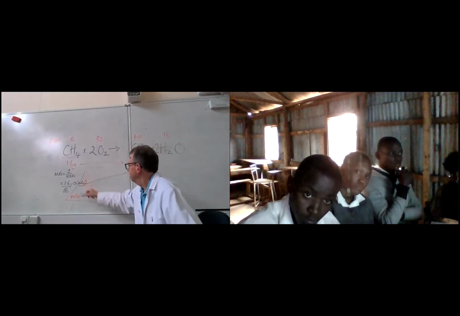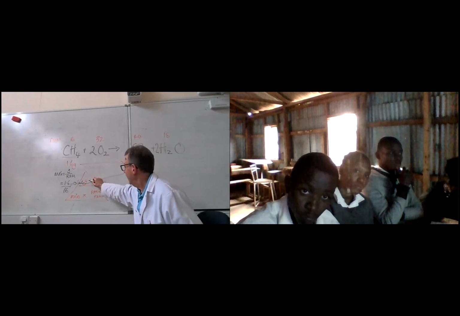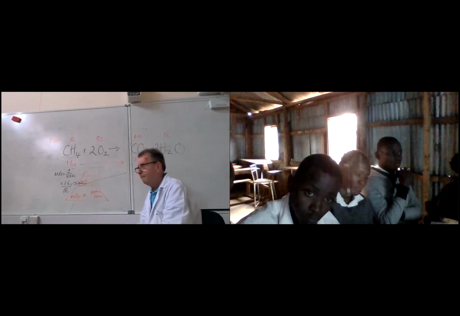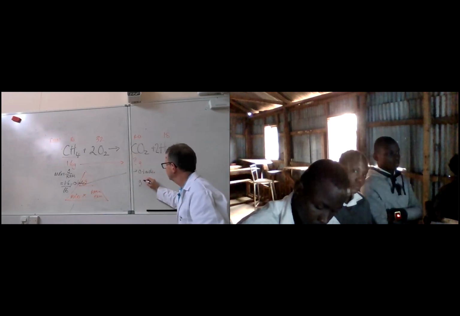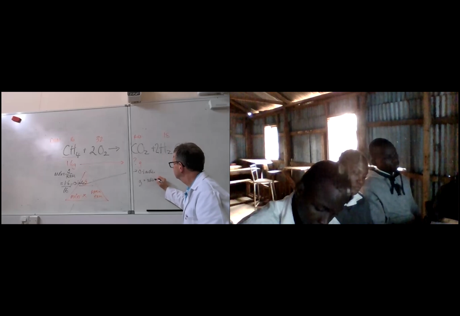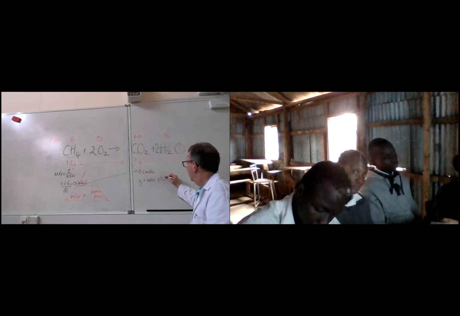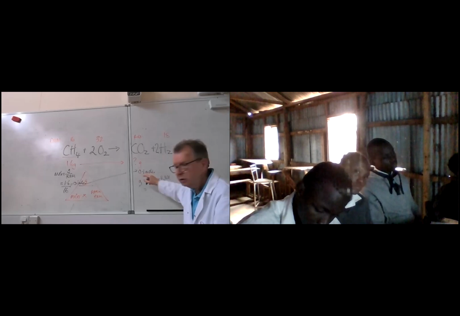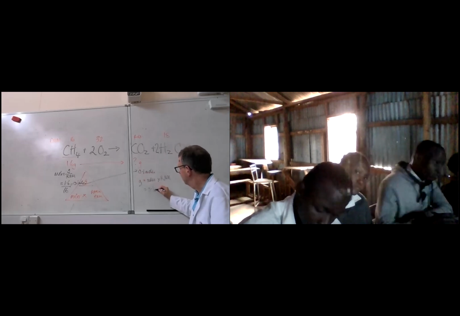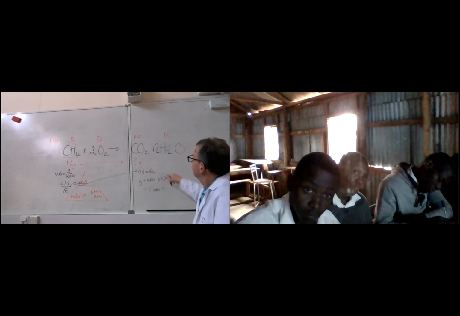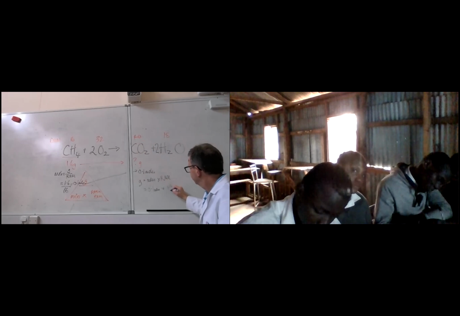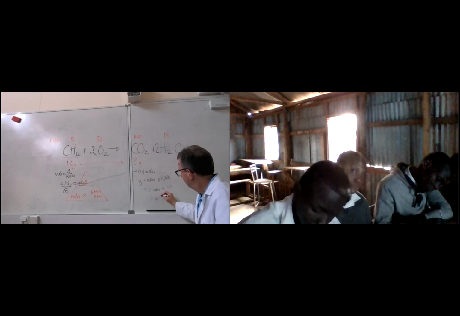In my triangle, grams equals moles times RMM. I know I have 0.1 moles, and the RMM I worked out was 44. And that is 4.4 grams.